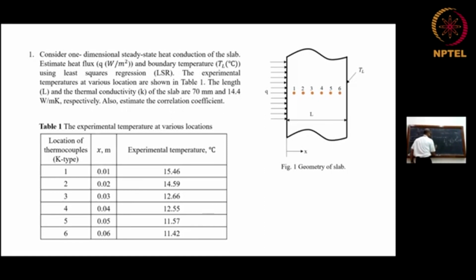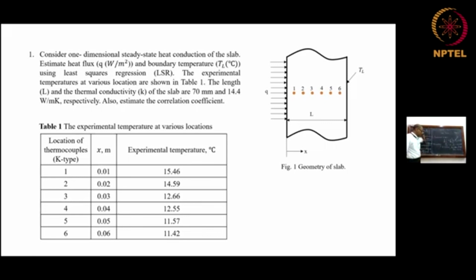Assumptions: T is a function of x alone. K is a constant. All other properties are constant. So this is called a constant property formulation.